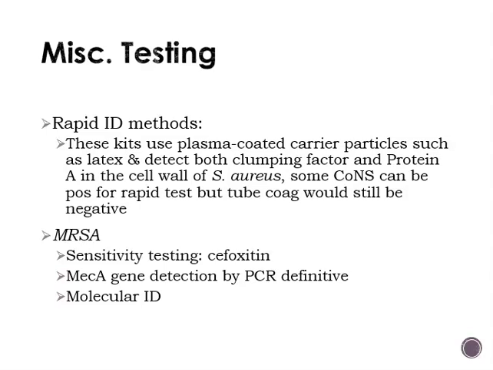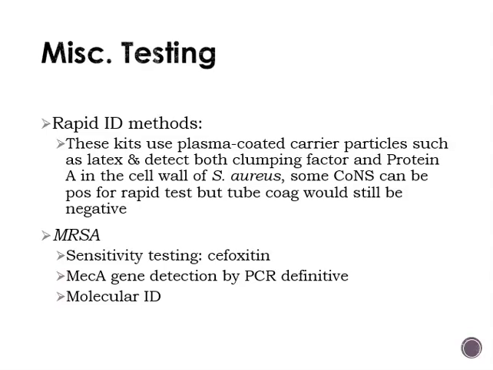A couple methods of miscellaneous testing. I mentioned that you guys will be doing a latex coagulase test. This is just a kit or box test that uses plasma-coated carrier particles, such as latex. It can detect clumping factor and protein A in the cell wall of Staph aureus.